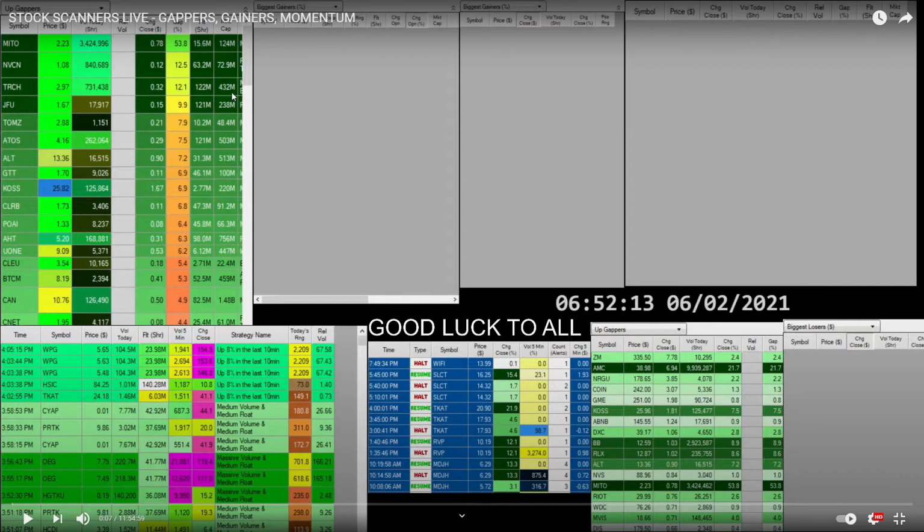Now you'll see I have two up gappers. I have another one towards the lower right corner of the screen, and that up gappers is based on dollar gap, which is why you have the higher price tickers, the large caps, on the lower up gappers, and then you have the lower price, the penny stocks, on the top left.